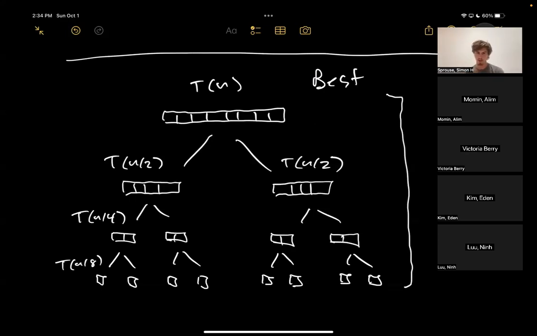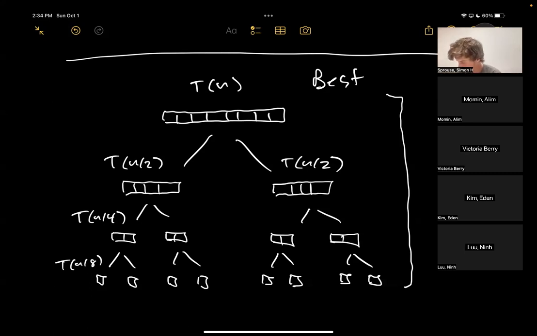Because we're dividing this list by 2 each time, we can divide this list by 2 log of n times. Sorry if that's maybe not the most obvious thing at first, but that is the definition of log: how many times can you divide something by some base, right?